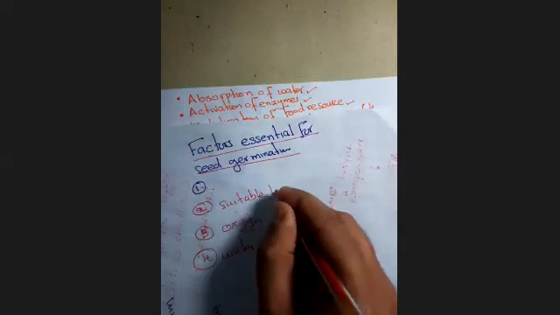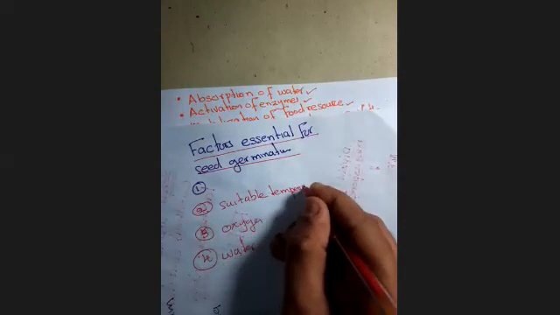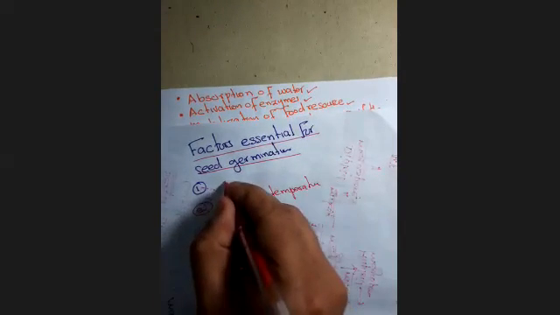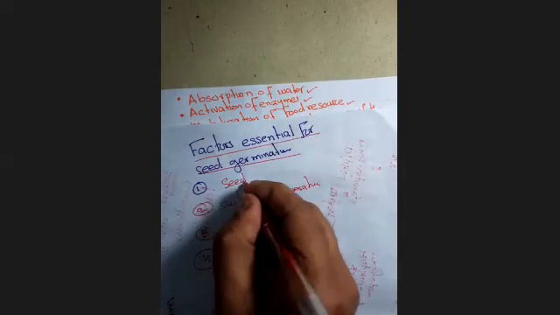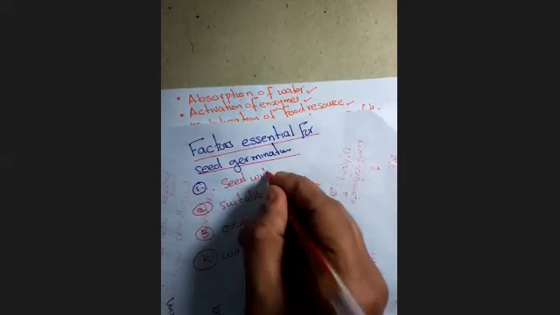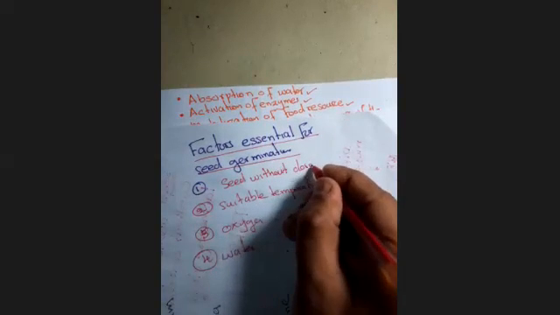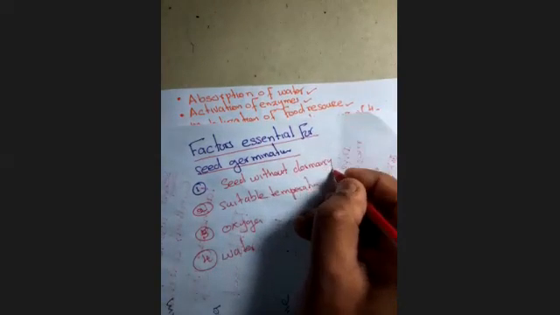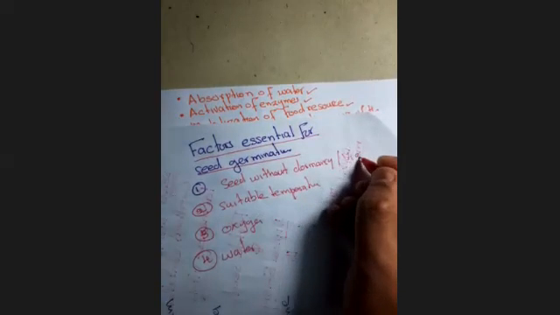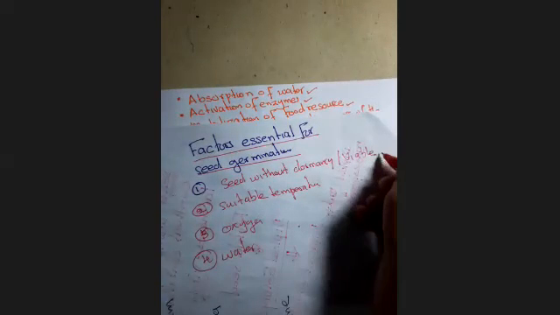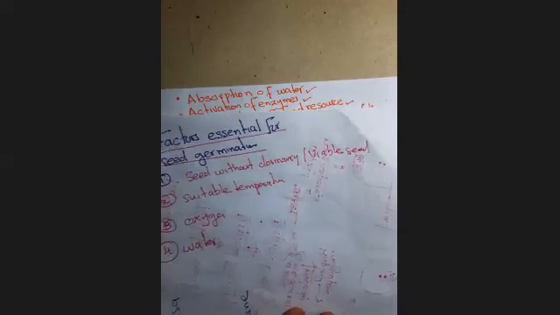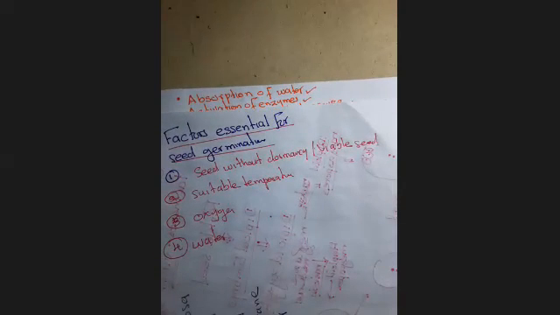Correct. Breaking of seed dormancy. A seed without dormancy can be called a viable seed. What kind of seed? Viable seed. You might think why I have written it bottom to top.